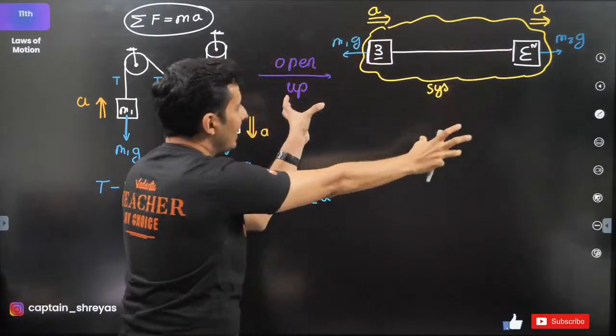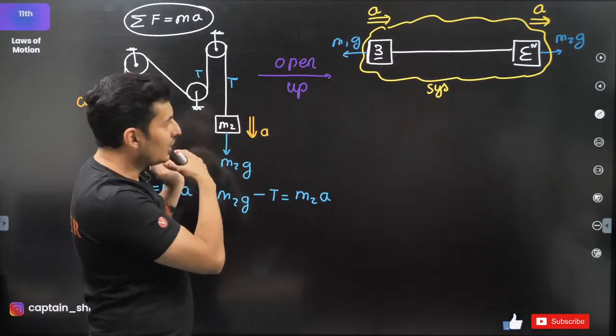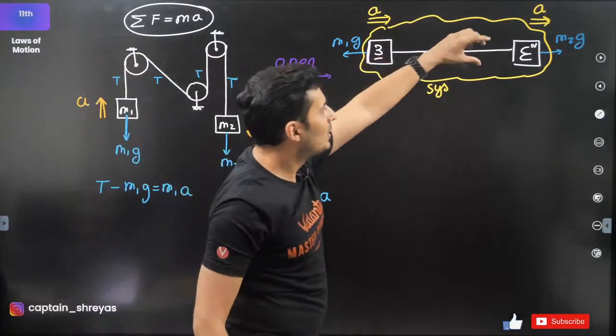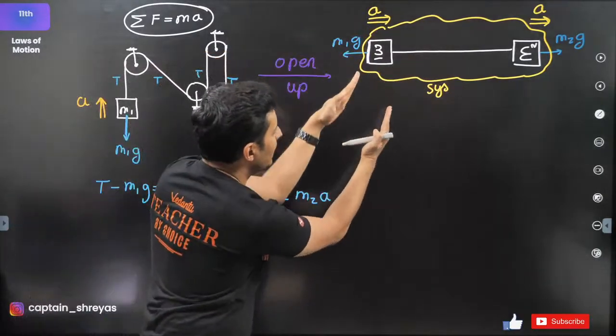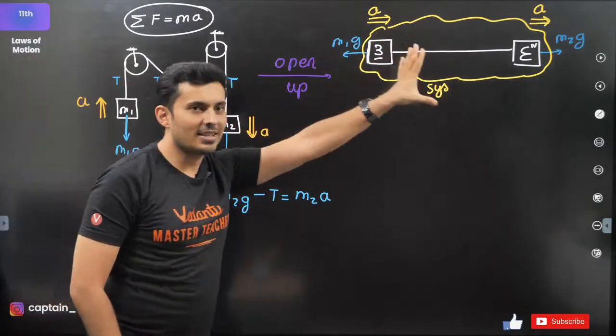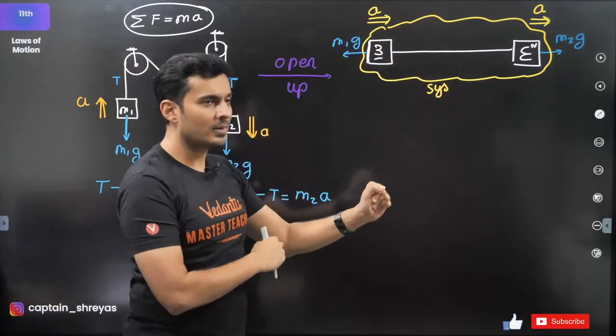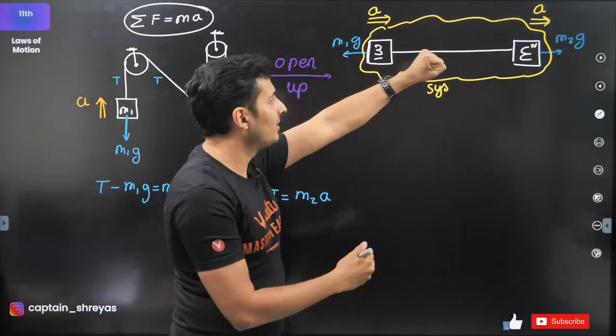If you bend it back again to its original shape, you will see m2 will accelerate downwards, and the moment you bring m1 like this, m1 will accelerate upwards. So this is nothing but the opened up version, and now it becomes easy to solve because net force is mass into acceleration.